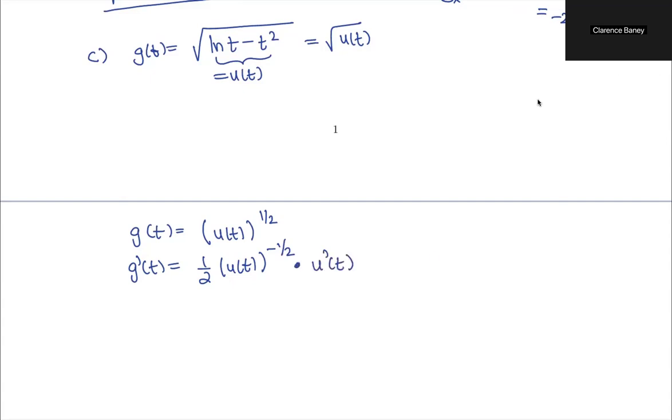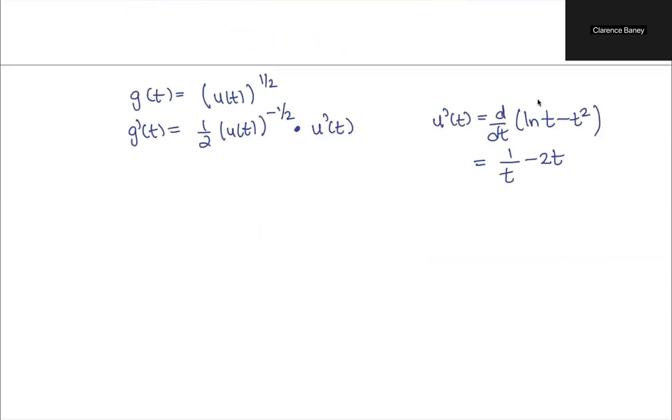So I'm going to come over on the side of my paper and find u prime of t, which is d dt of the natural log of t minus t squared, which is equal to 1 over t minus 2t. And so altogether, this is now equal to 1/2 the natural log of t minus t squared to the negative 1/2 times then 1 over t minus 2t.